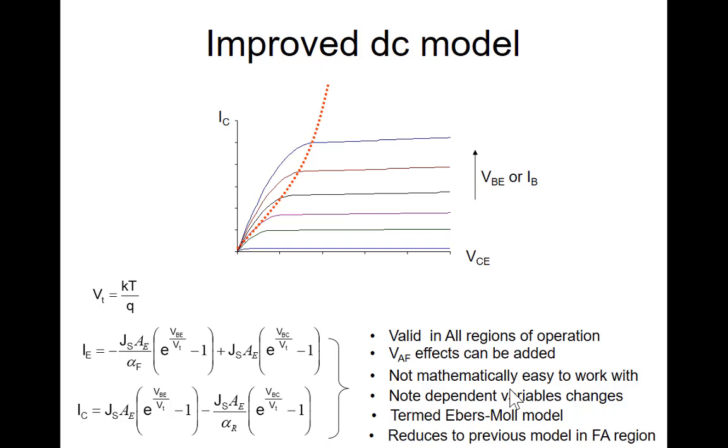And this term is of the order of magnitude of a femtoamp. So we can neglect this term here, and it reduces to essentially the diode equation in the forward active region for both the emitter current and the collector current, and correspondingly for the emitter current and the base current.